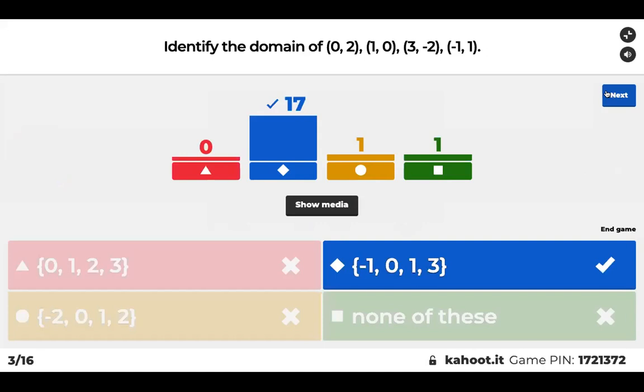So remember, domain means x. The x values 0, 1, 3, negative 1 in order. Negative 1, 0, 1, 3, numerical order. So domain is x. The D is first in the alphabet with the x variable, which is also first.